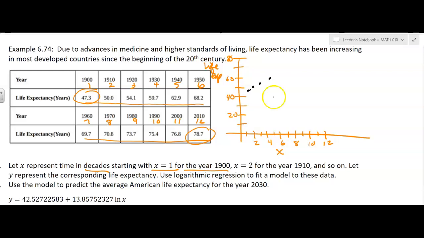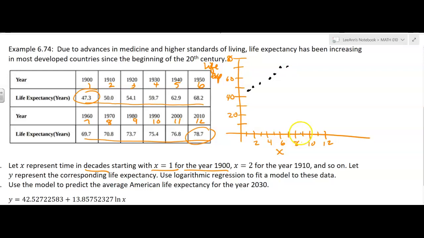5 was 62, a little bit higher. And 6 was almost 70. And 7 was closer to 70, I guess. Kind of starting to level off a little bit.